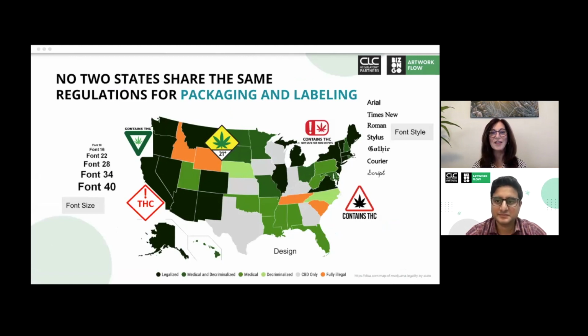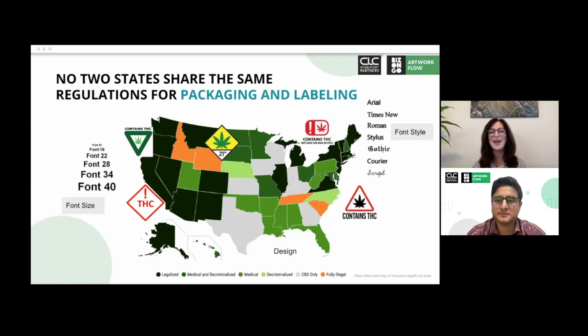And I think there was a method to the madness. As you see here, states chose to create all new THC symbols. And probably the reason for that is that it becomes easier for law enforcement to implement the laws against illegal interstate transport between states.